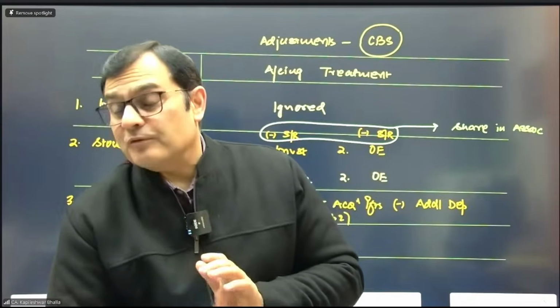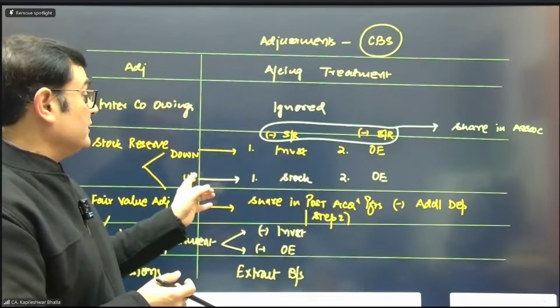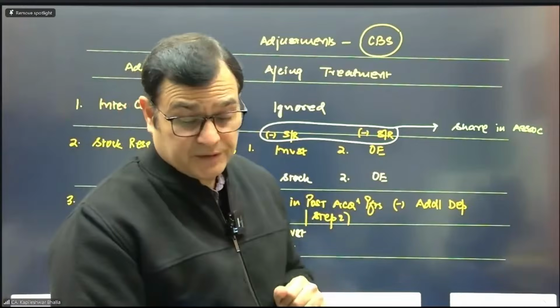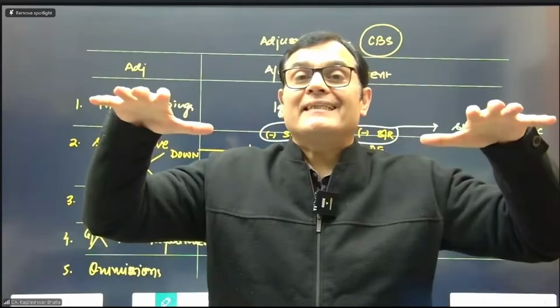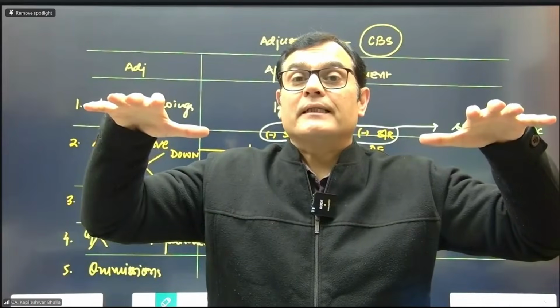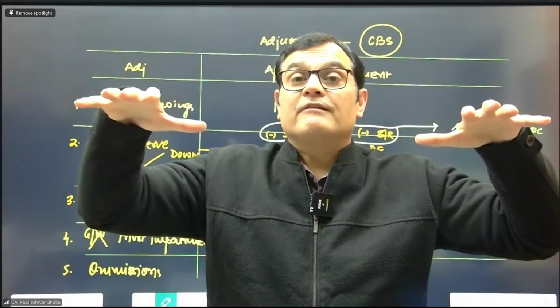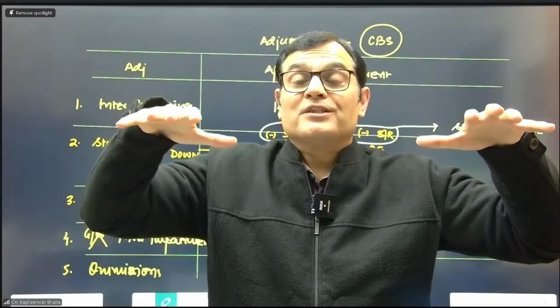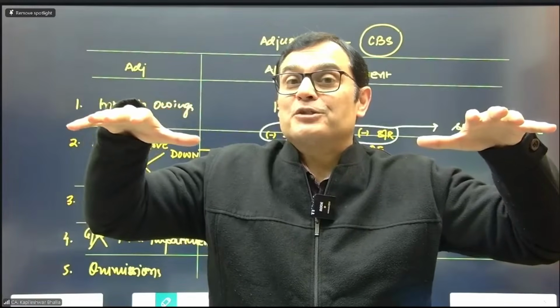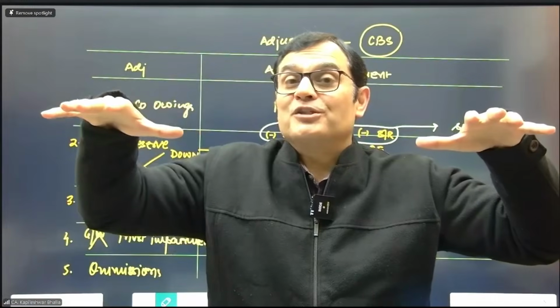So can we deduct it from the investment, if it is supposed to be upstream? You see, there are 2 things. No, not from the investment. At the end of the day, if it is upstream in nature, the stock of the investor is included at a selling price. So this is going to appear in the consolidated balance sheet. How can you not touch the stock account?